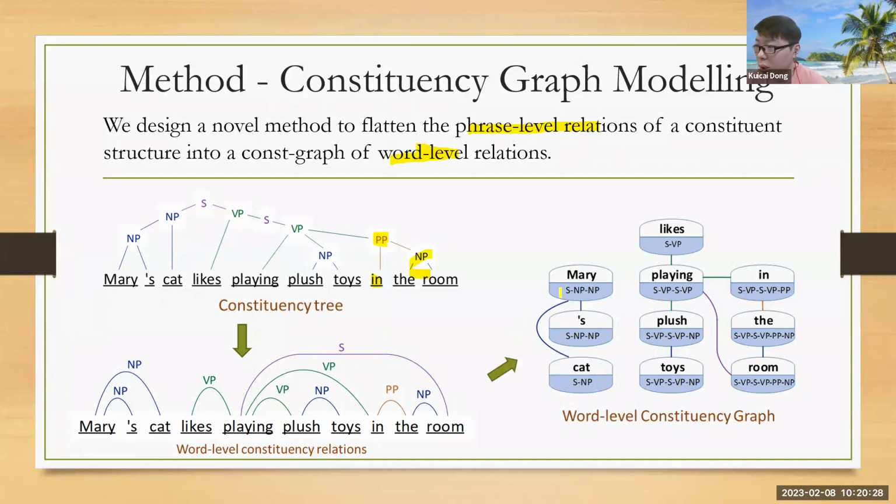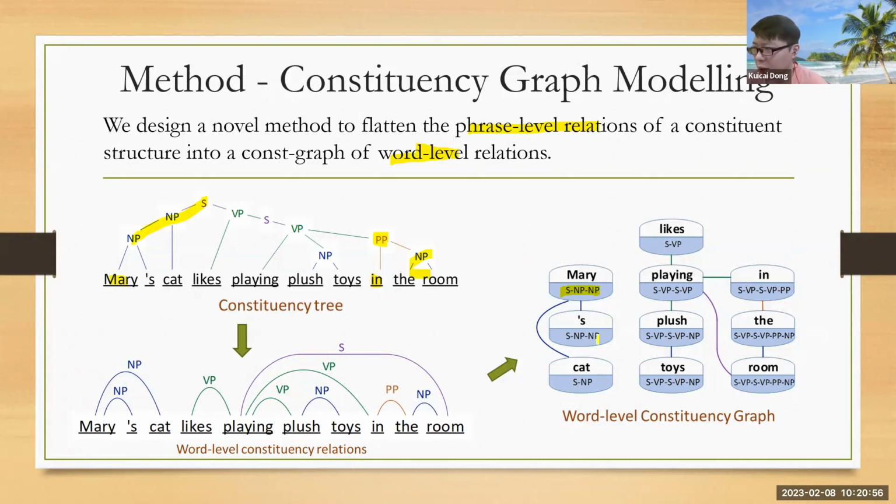Also, you see the attribute of each node is captured from the constituency path. For Mary, it starts from S, NP, NP. So S, NP, NP is the constituency path, which captures valuable constituency information, and therefore it is assigned as the attribute of this node.